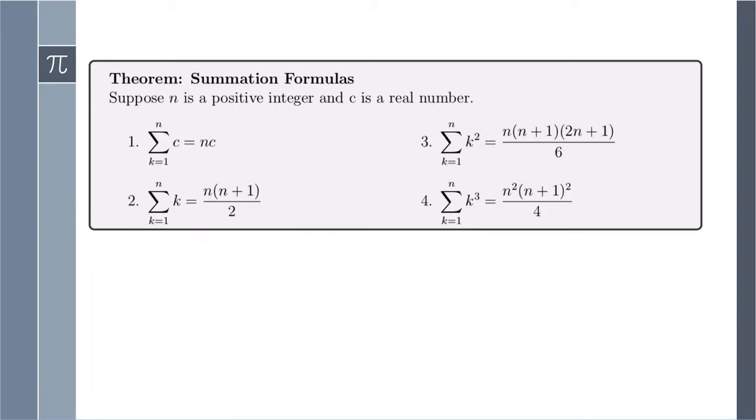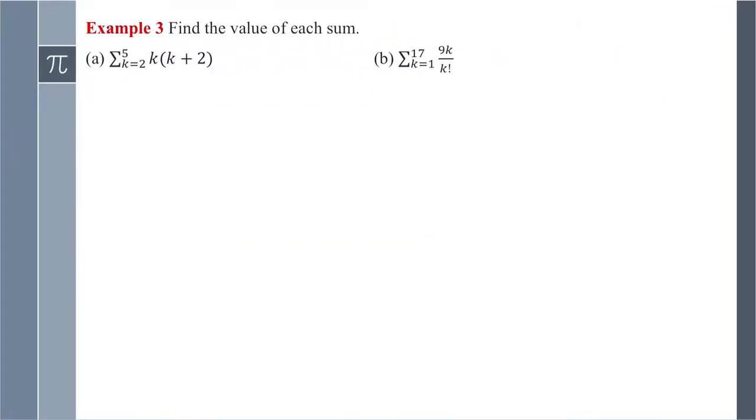Okay, so let's look at an example here. We want to evaluate this sum. A lot of the time we might have to use a calculator for these things. Sometimes we can do it by hand, like the first problem here. The second one, we have to use the calculator.